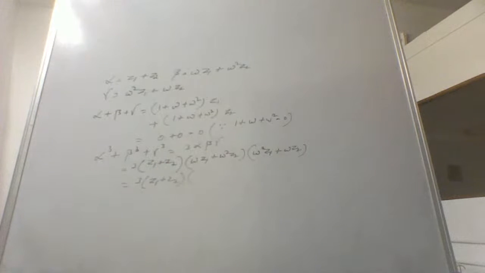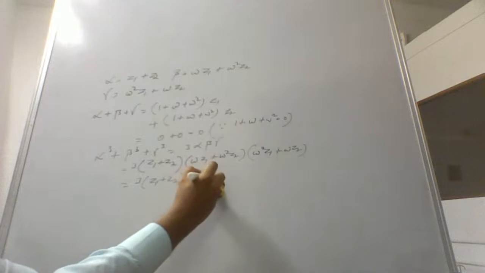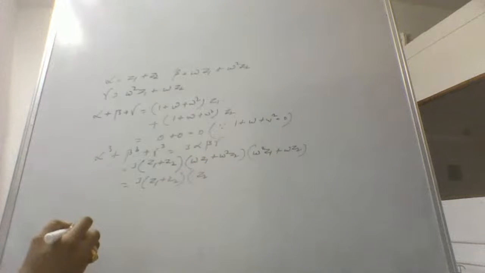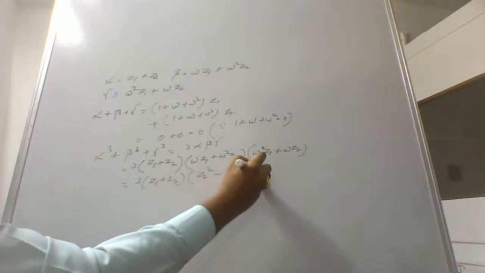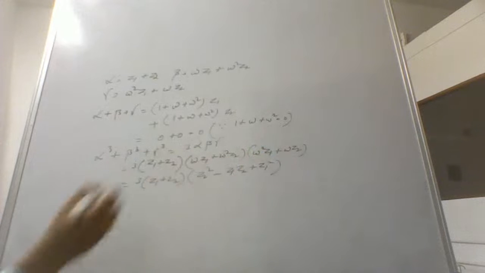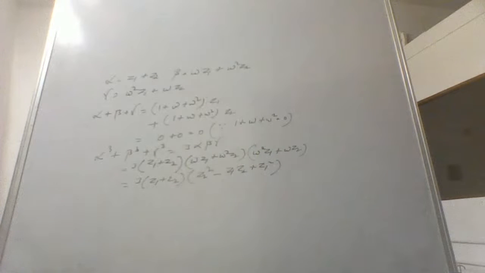Okay, let us try to simplify this. So I get z2 square minus z1 z2 plus z1 square. So this is the result which we get after simplifying it.